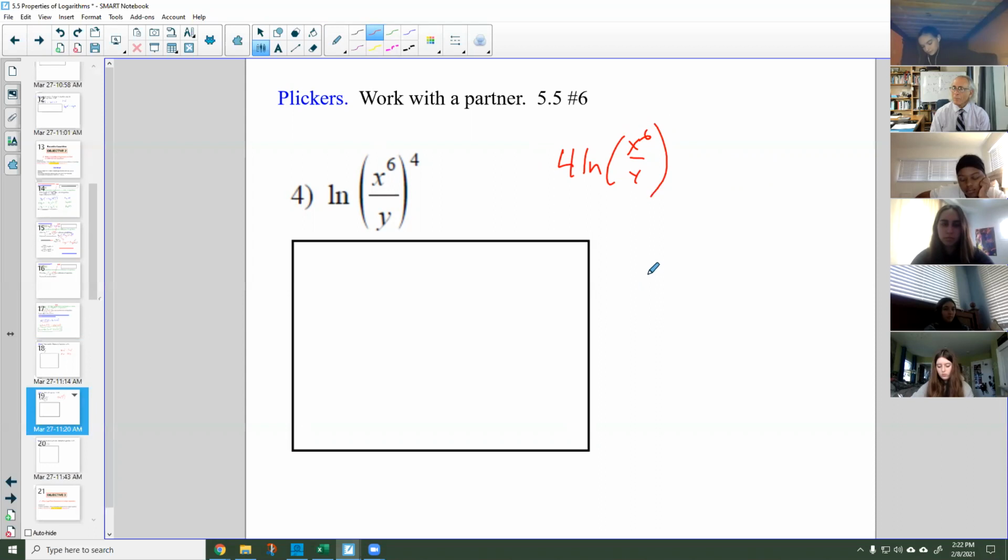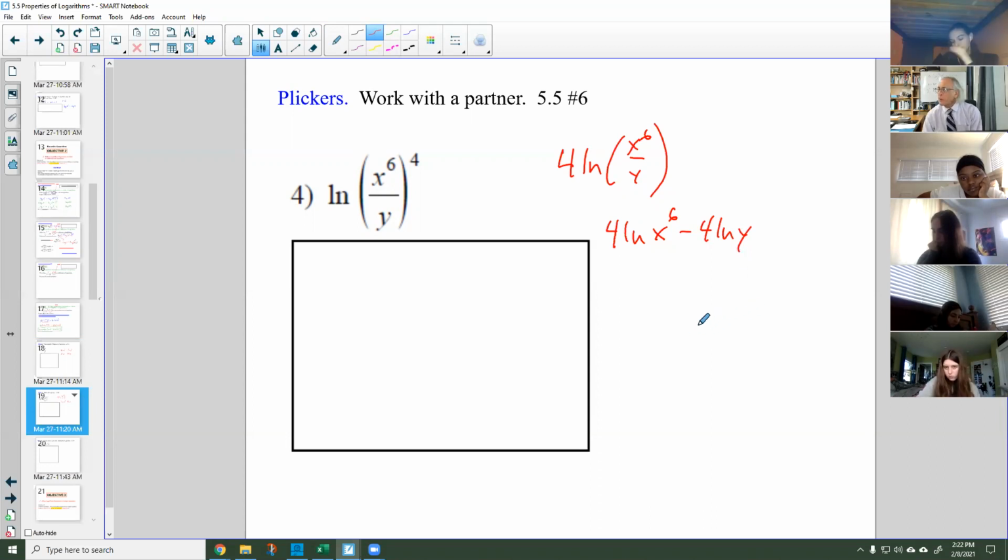Well, I think I need to use property 2. Uh-huh. And then I just wasn't sure if it would give me 4 ln x to the 6 minus 4 ln y. That's exactly what it's going to give you.